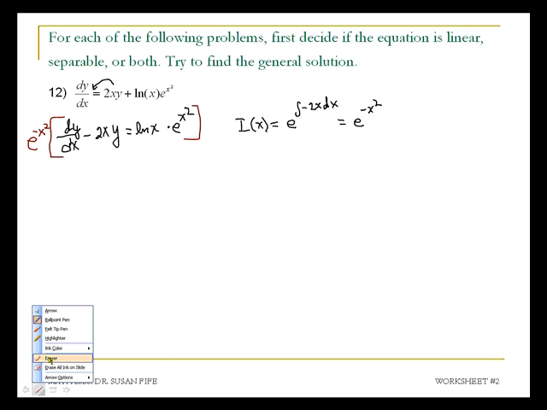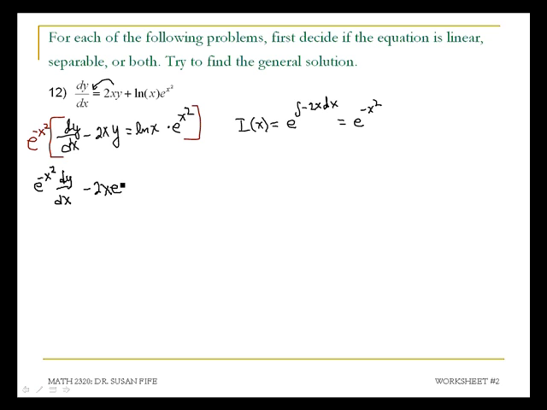And you can distribute on the left side of the equation so that we get e to the negative x squared dy dx minus 2x e to the negative x squared times y. And on the right side of the equation, multiplying this e to the negative x squared times the e to the x squared, those terms will cancel out, and it'll leave you with the natural log of x.